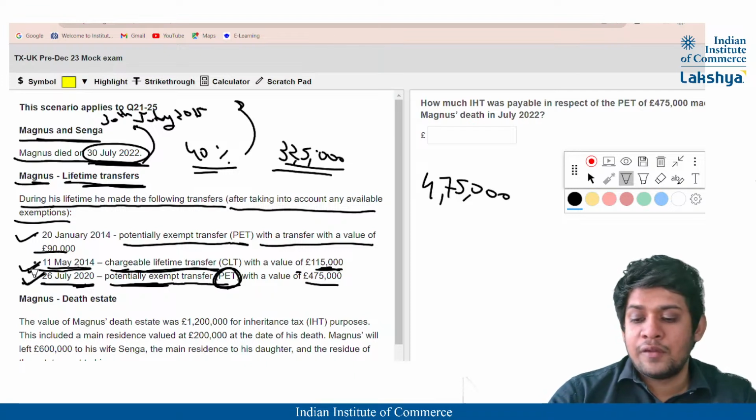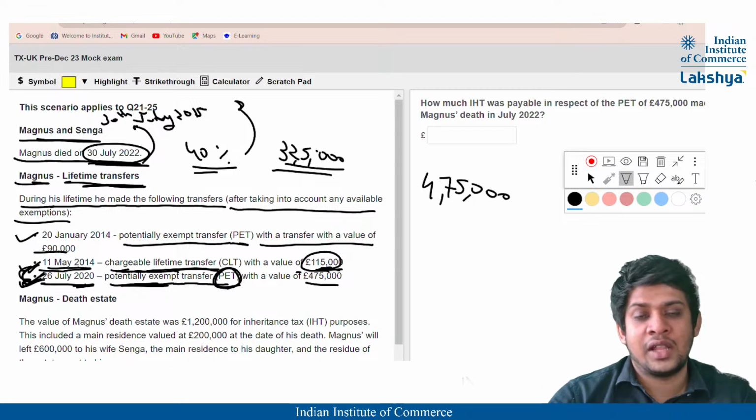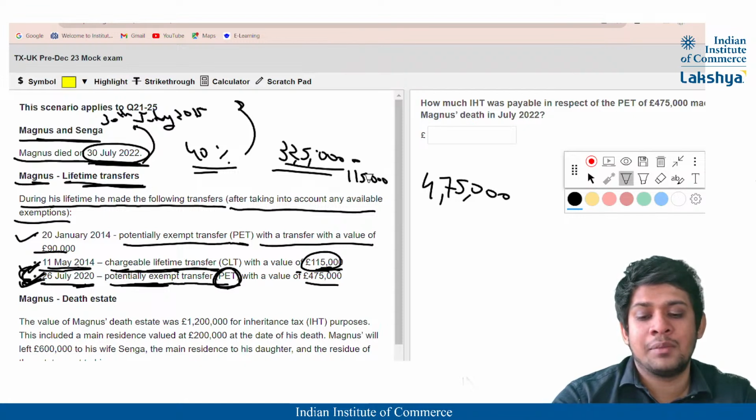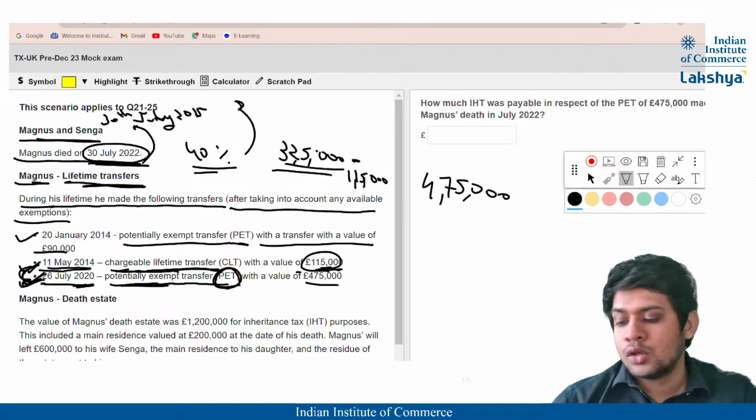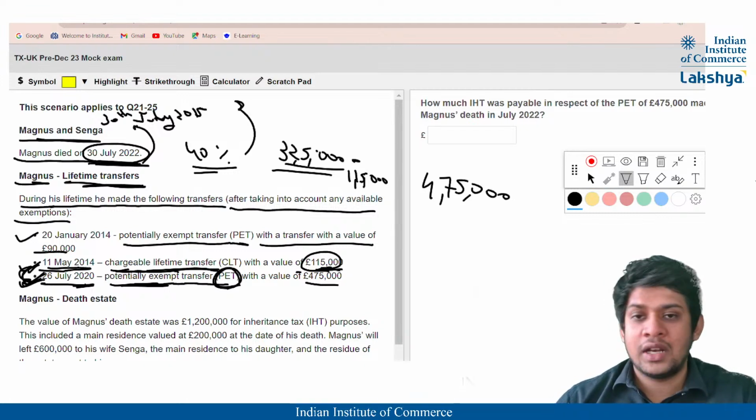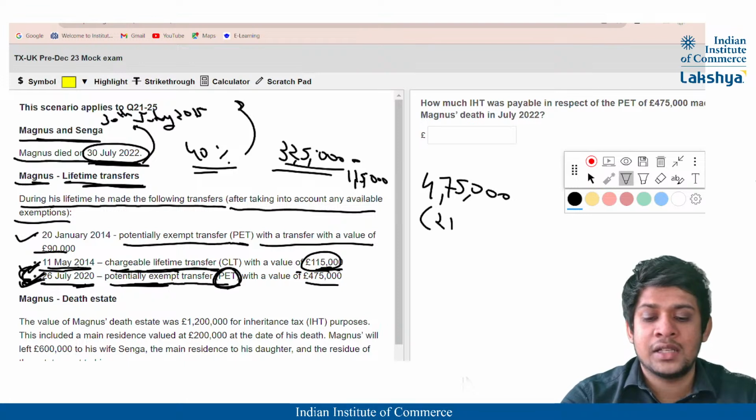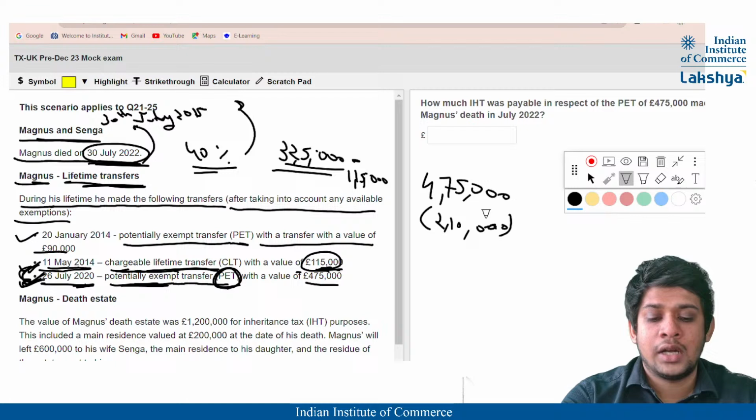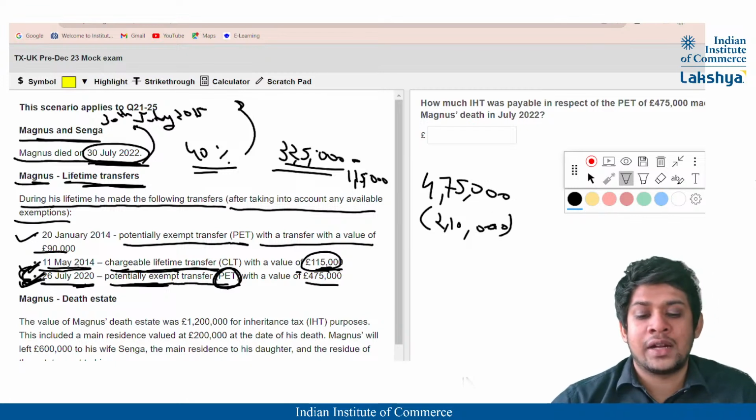But previously there was a CLT made, so the CLT would have claimed 1,15,000 of the nil rate band. So 3,25,000 minus 1,15,000: she will get a nil rate band of only 2,10,000 this time.